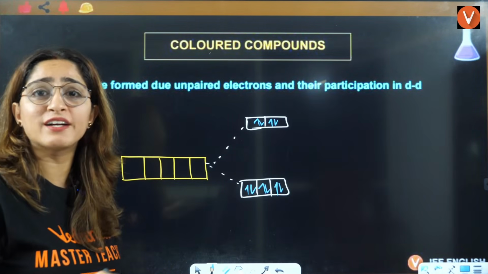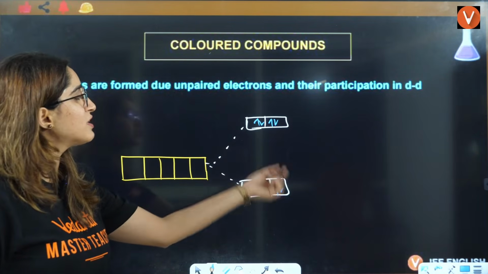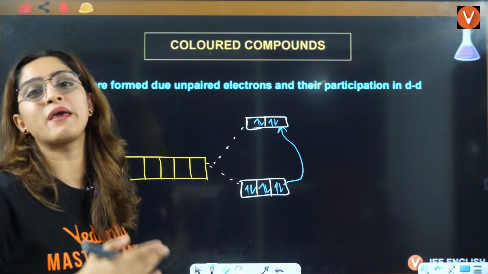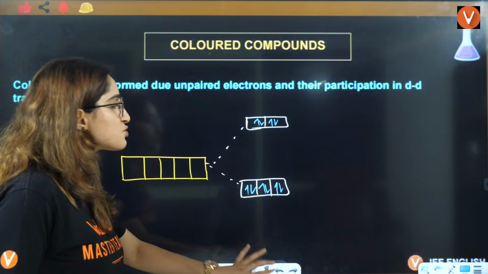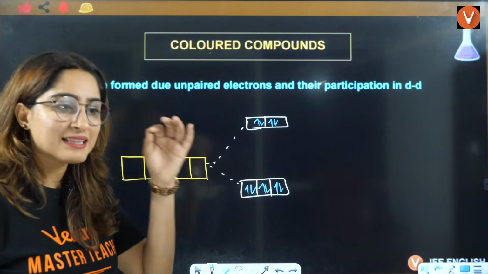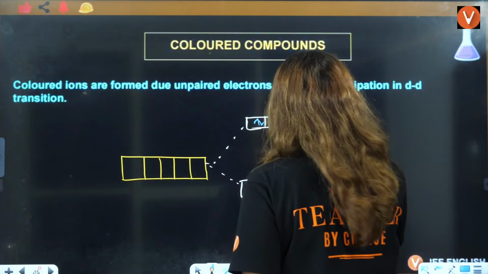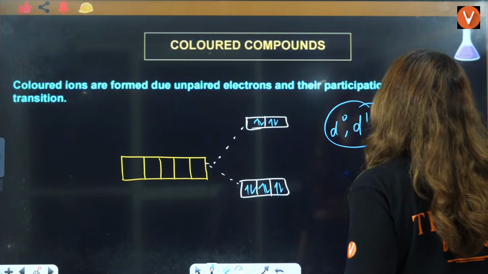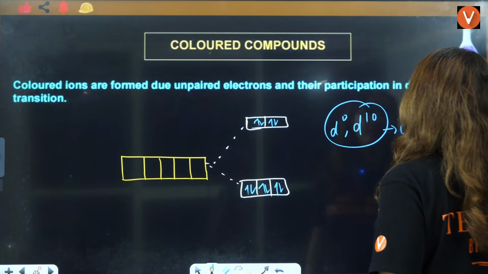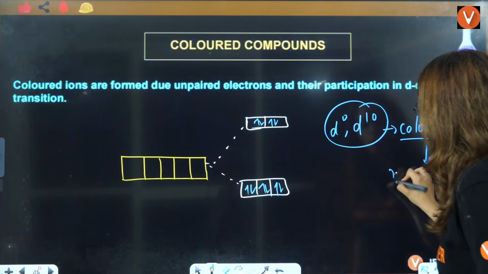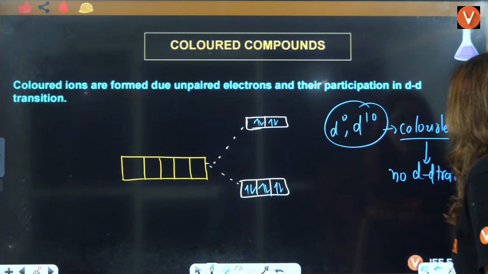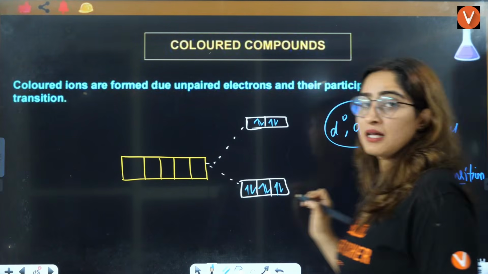Even with 10 electrons, can you see which electron will jump? If it jumps here, it is already occupied, so there is no space to jump. That's why there is no d-d transition here. And that is the reason that if you have d0 or d10, these compounds are going to be colorless because of no d-d transition.